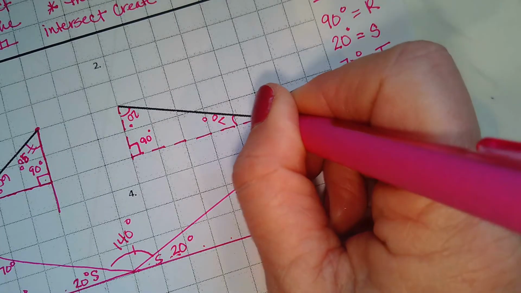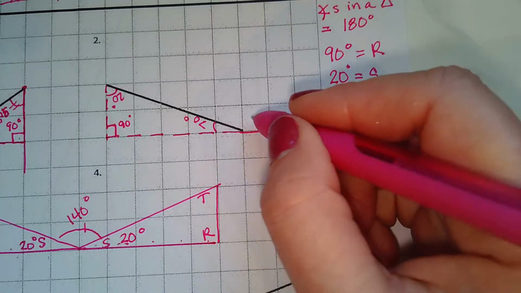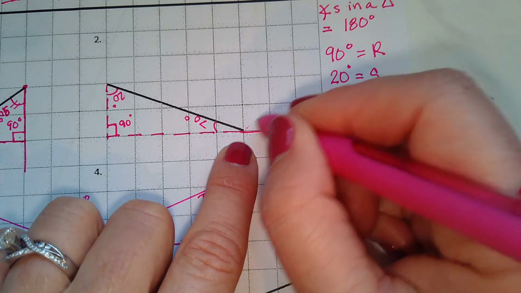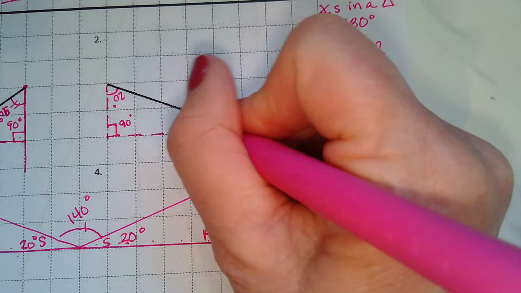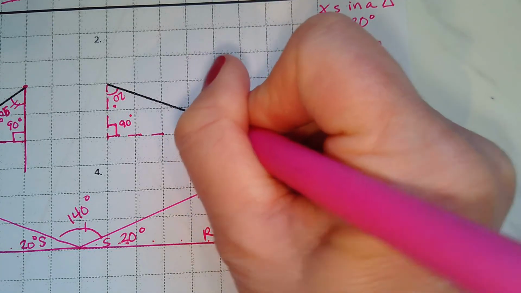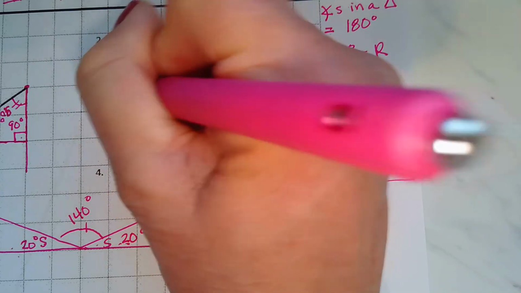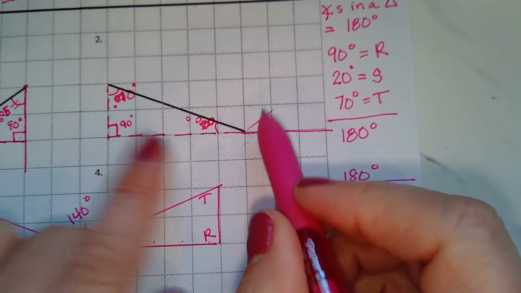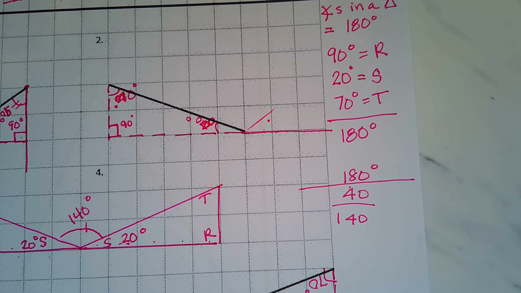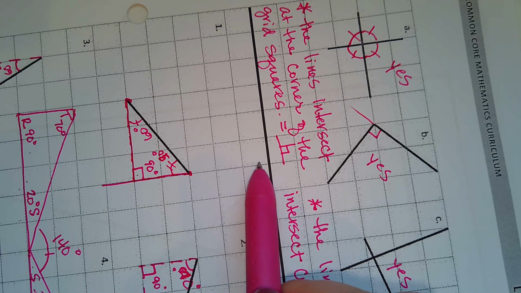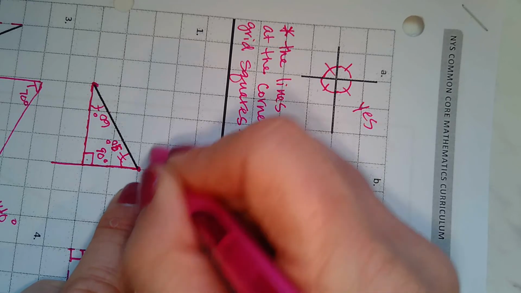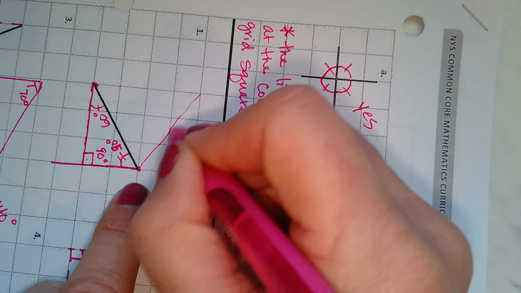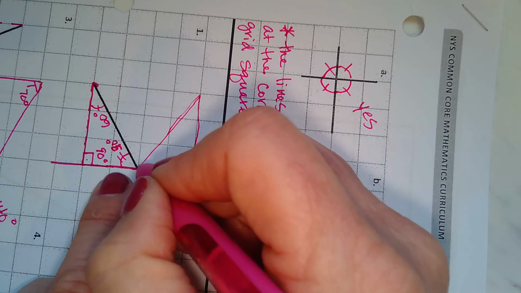What if I drew the same triangle in this direction and I ended up with a 70-degree angle? Oh, I think I have these flipped. I think this is 20 degrees and this is 70 degrees. So what if it was 70 and 70? You can do the same thing for these other triangles. You could try to figure out if you drew another triangle exactly like this one going in this direction.